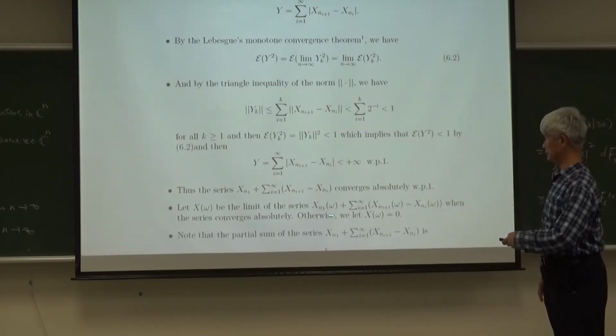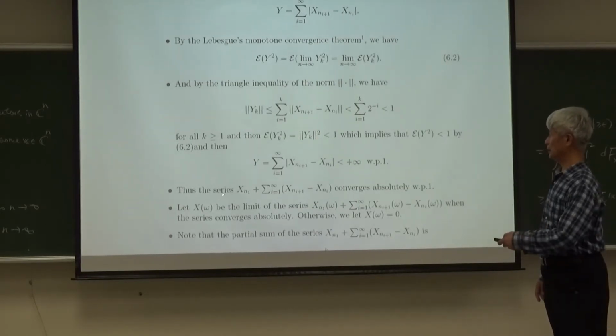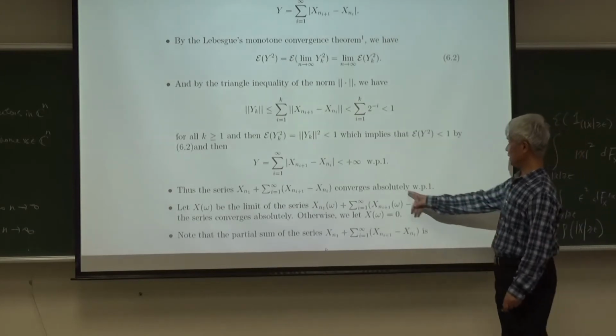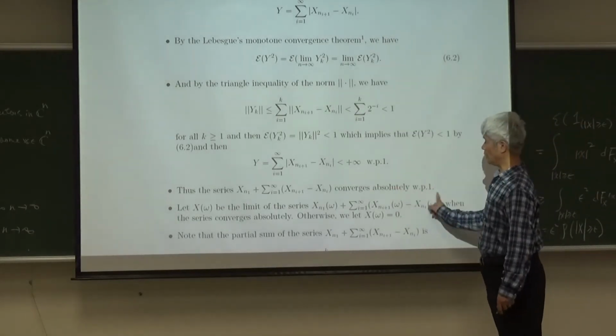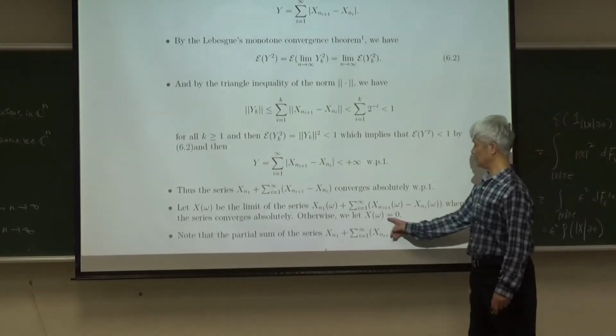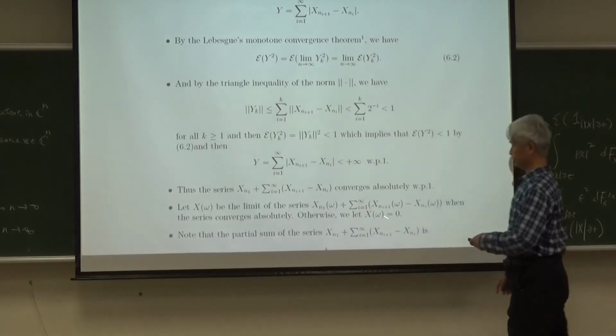But if the series does not converge absolutely, then we just say that the random variable x is 0. That's fine.